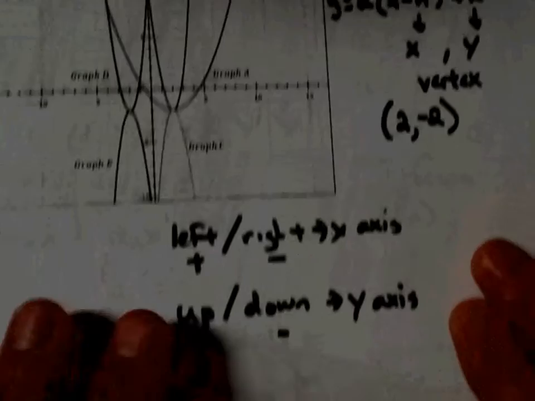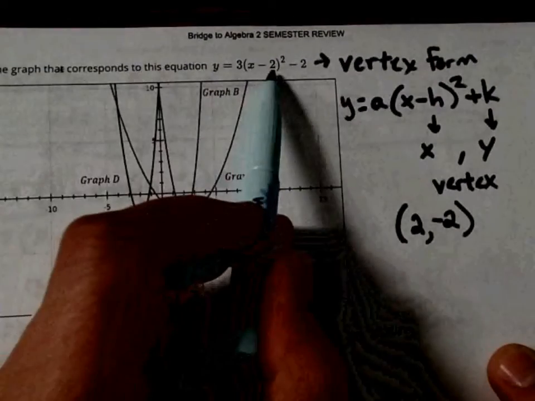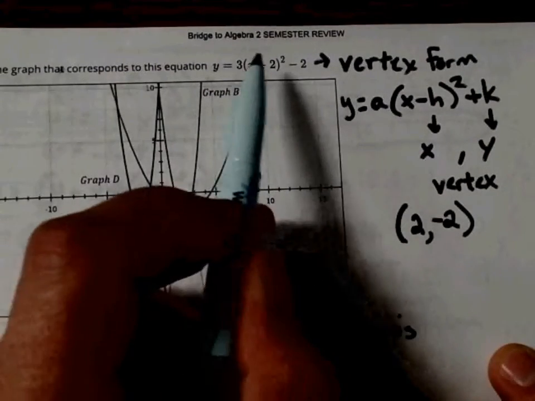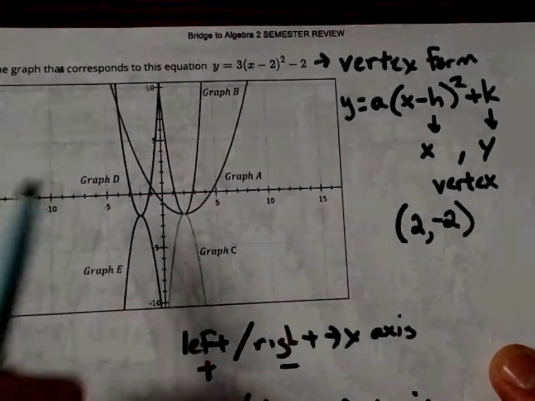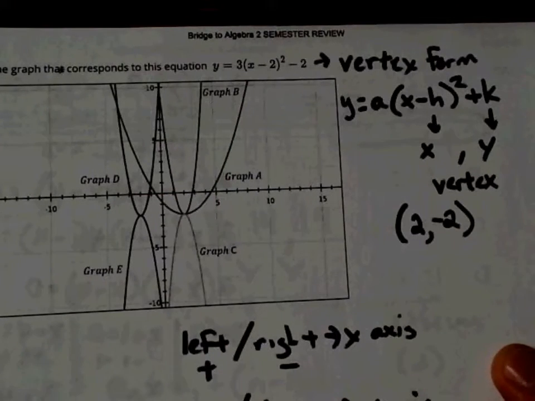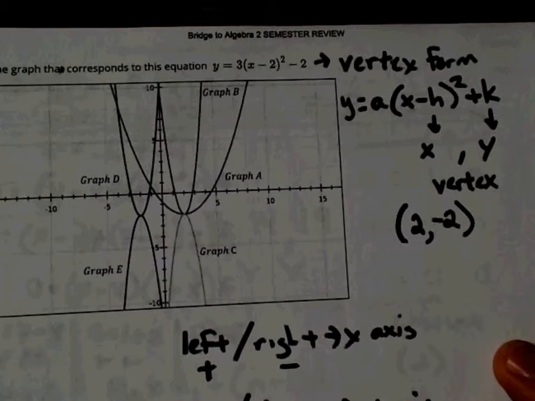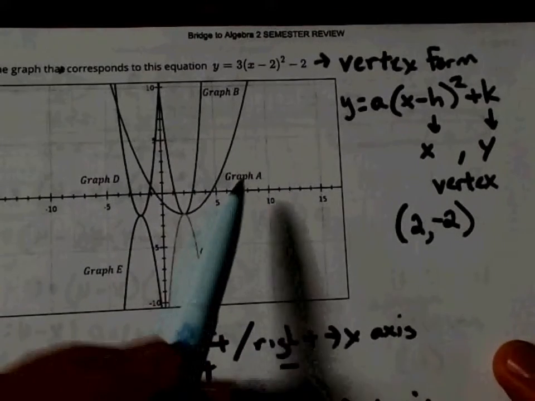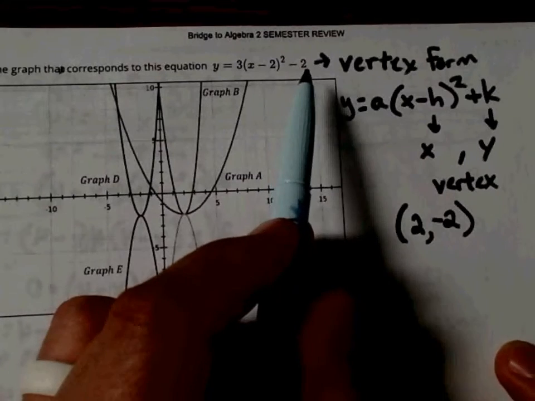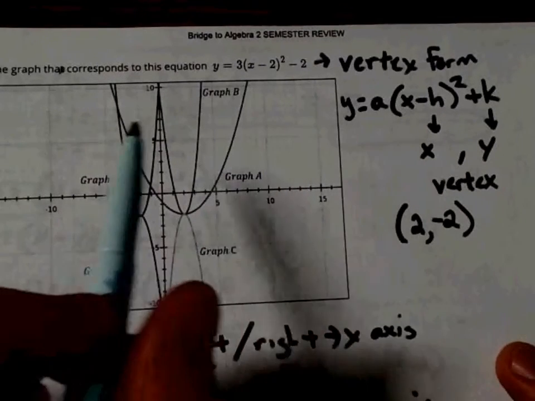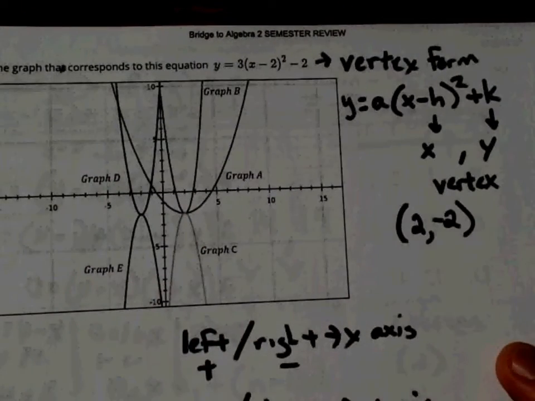So when I look back up here again, inside my parentheses deals with my x, and that's a minus. So that tells me my graph is moving to the, since it's a minus, it's moving to the right. Okay, and since it's a minus 2 on the outside, that tells me it's moving down 2.